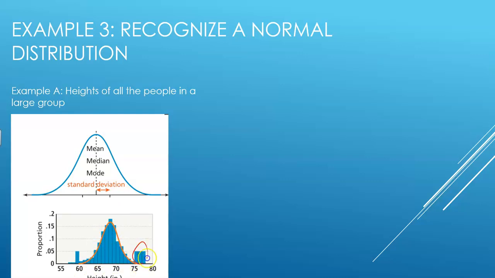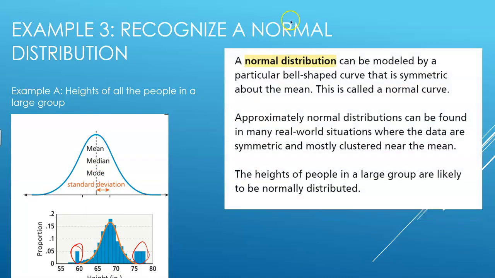We have a few outliers here and here. But more or less, it does look like a normal distribution where the mean, the median, and the mode would be about the same. This is called a bell-shaped curve at times, but here's another word. We talked about this previously, but it's called a normal distribution.